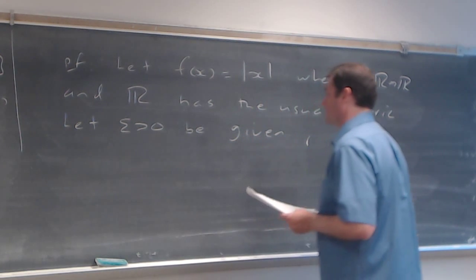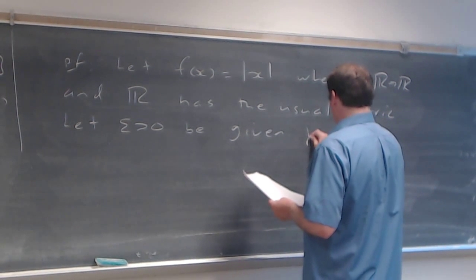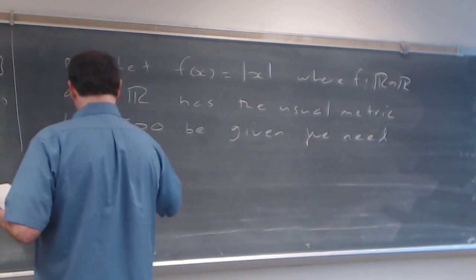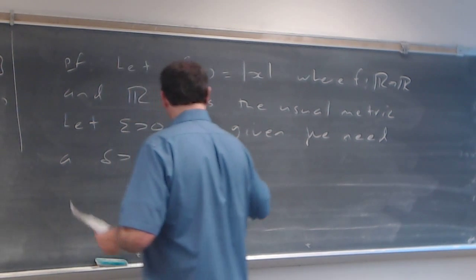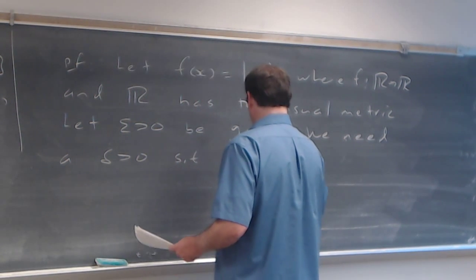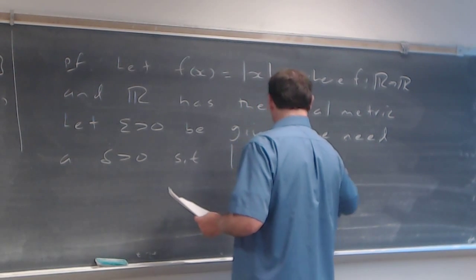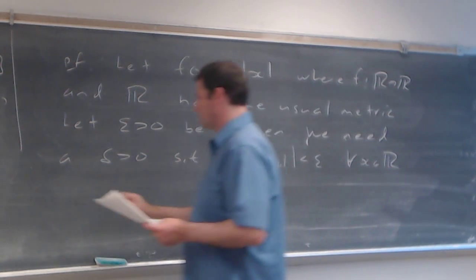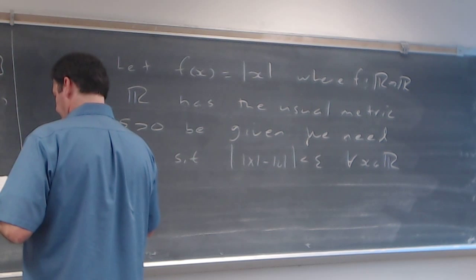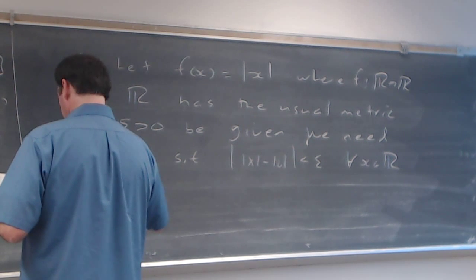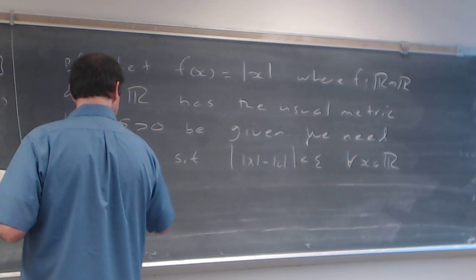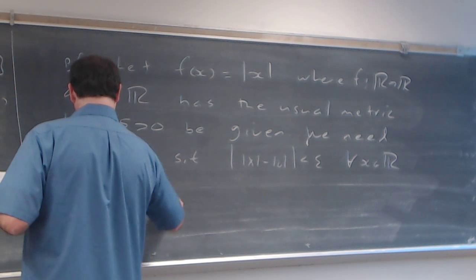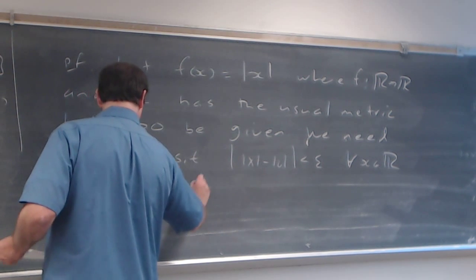The first thing we're going to try to do is show continuity. So we need a delta greater than 0 such that the absolute value of the absolute value of x minus the absolute value of 0 is less than epsilon, for all x element of R such that the absolute value of x minus 0 is less than delta.